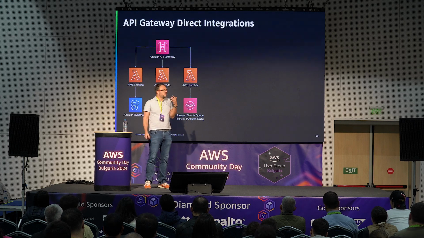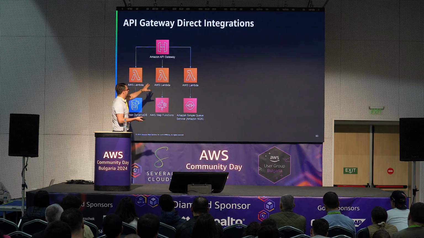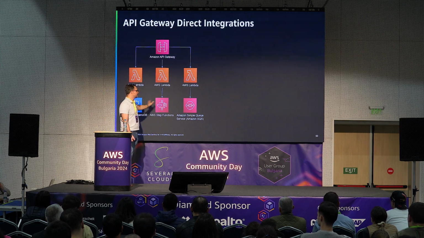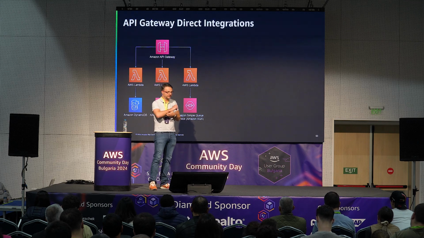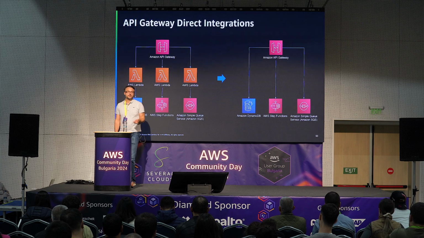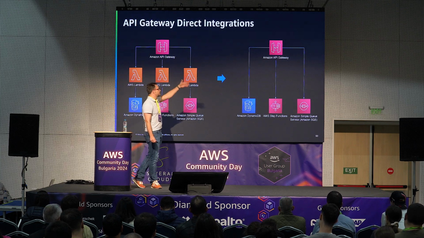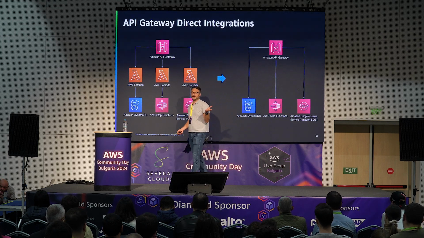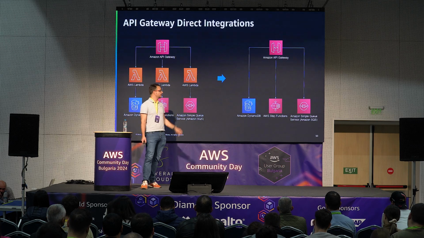Another direct integration, maybe some people know, some don't. A common scenario: I have a REST API to interact with different underlying AWS services, and I put a Lambda function in between. Sometimes you can omit that and use a direct integration, especially with Step Functions. If you automated things with Step Functions and you want to invoke a workflow, you can do that directly.